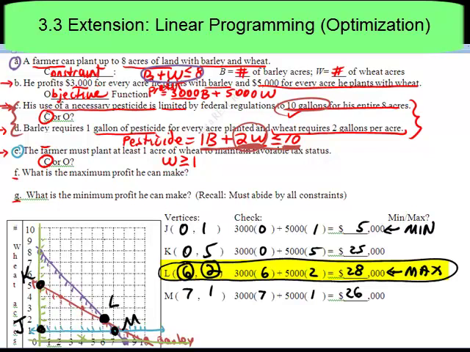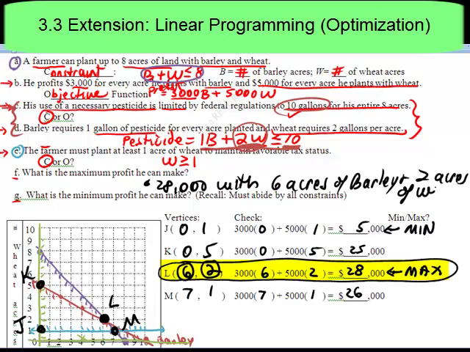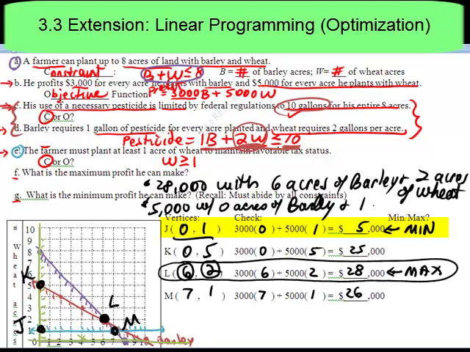So what's the maximum profit he can make? 28,000 with 6 acres of barley and 2 acres of wheat. And then the minimum profit is $5,000 with 0 acres of barley and 1 acre of wheat.